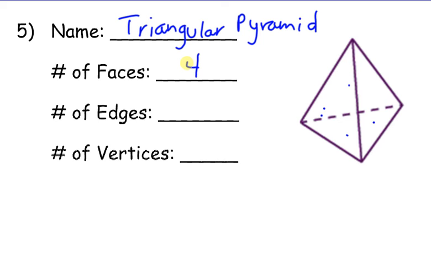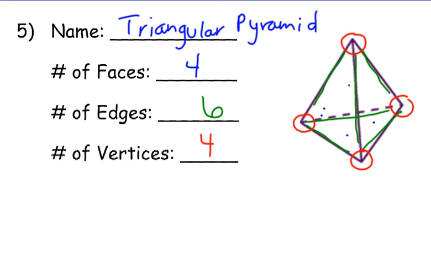So 4 faces. How many edges does it have? 1, 2, 3, 4, 5, and 6. And how many vertices does it have? 1, 2, 3, and 4. 4 vertices.